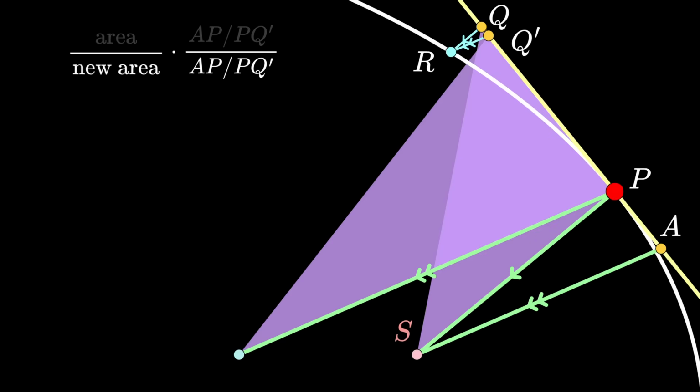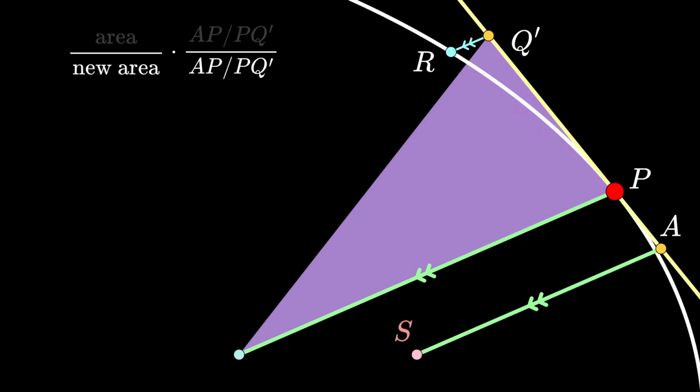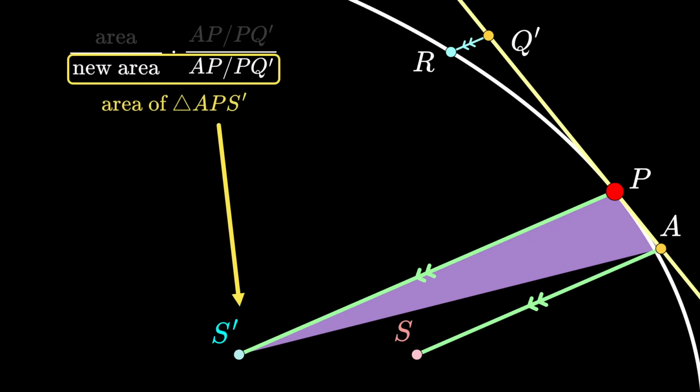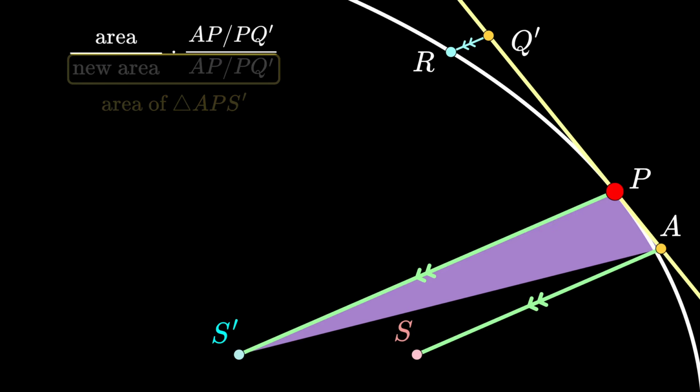The new triangle has PQ' as a base, so if we multiply by the ratio AP to PQ', then we change the base to AP, so that this becomes the area of triangle APS', where we denote the new center as S'. Okay, so that's the denominator done. What about the numerator?